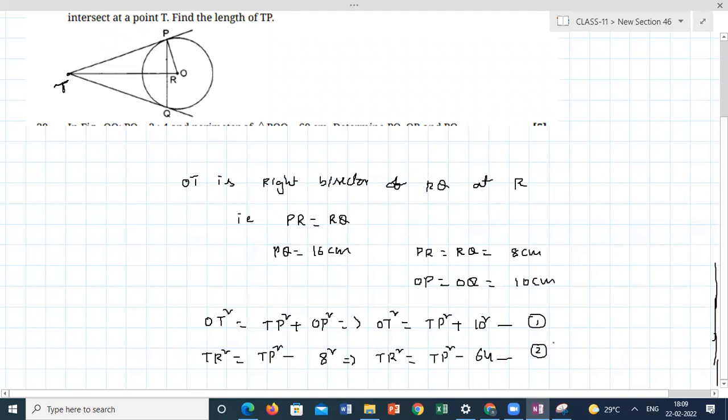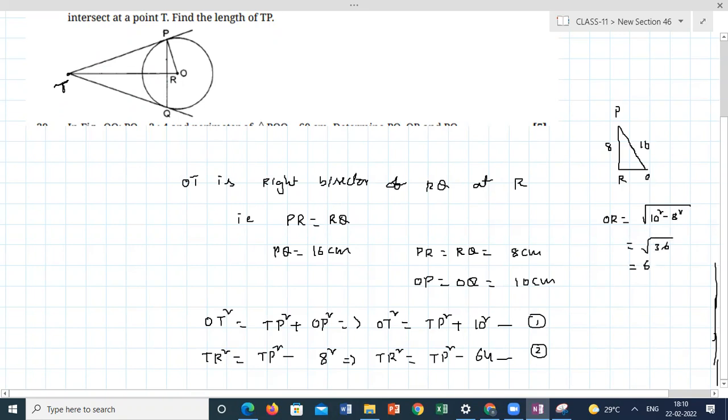So how we can do from here? So if I'm taking this one, we know this is 10 and this is 8. Automatically, the value of OR is, in triangle ORP, OR is root of 10 square minus 8 square, which is root 36.